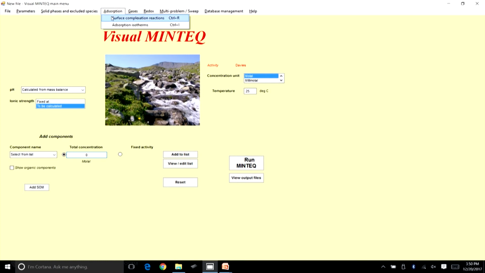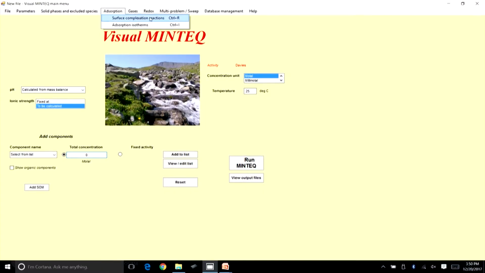You can always have surface complexation or adsorption SCM models, which we are going to discuss later at the end of the class. That is surface complexation reactions, and gases: your particular system can be in equilibrium with gases, right. So, that is what we discussed earlier. This particular aspect is with respect to phase equilibrium.